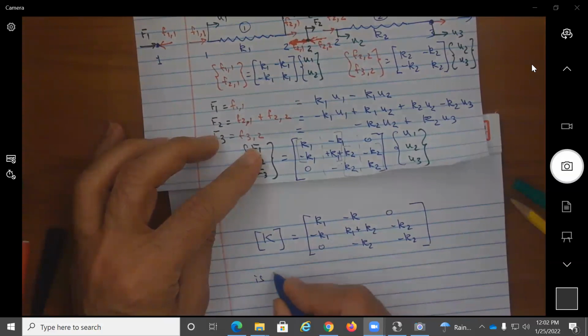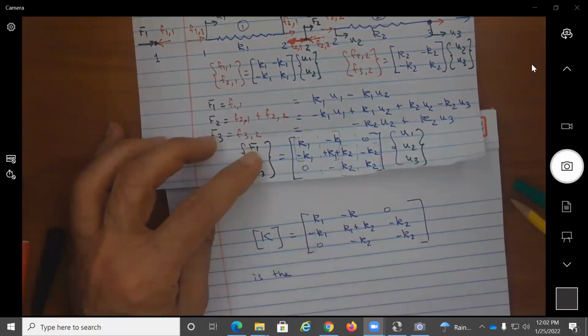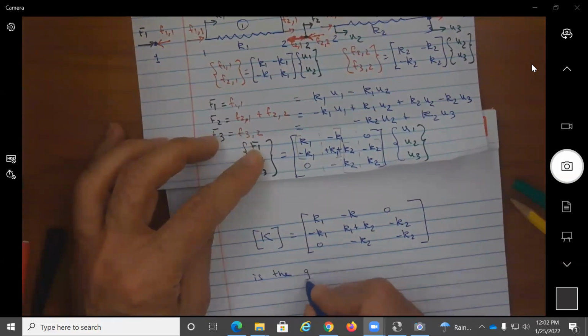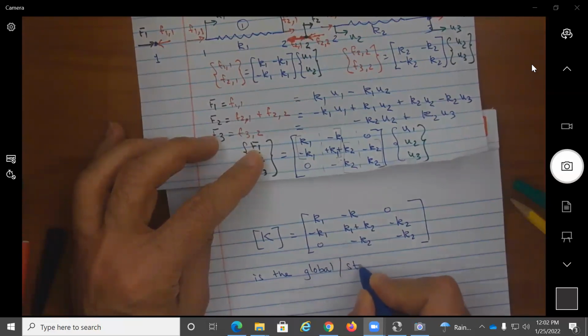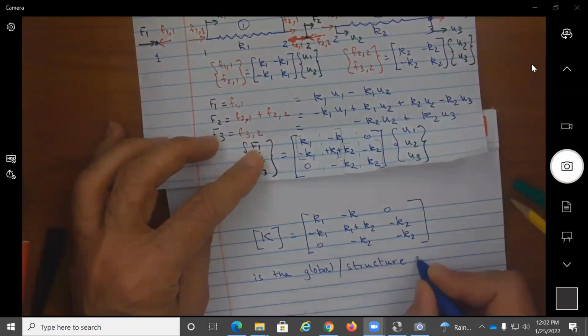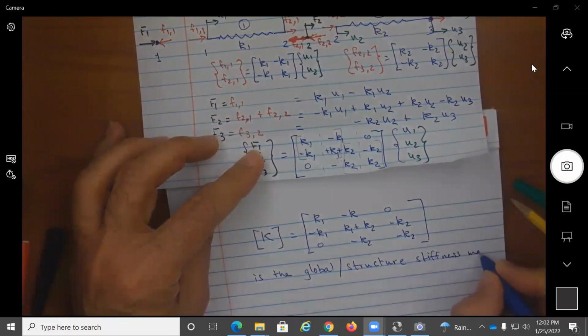This is the global, the structure or whole structure stiffness matrix.